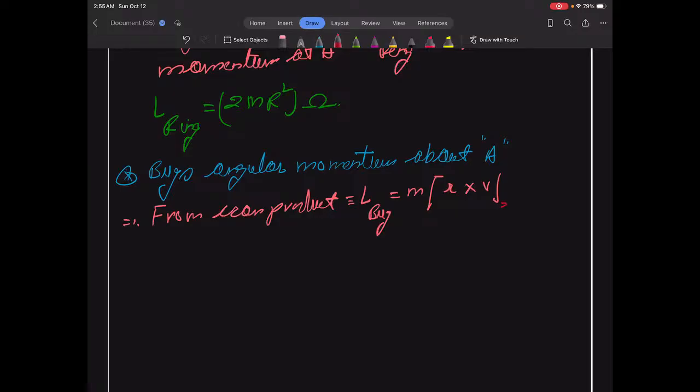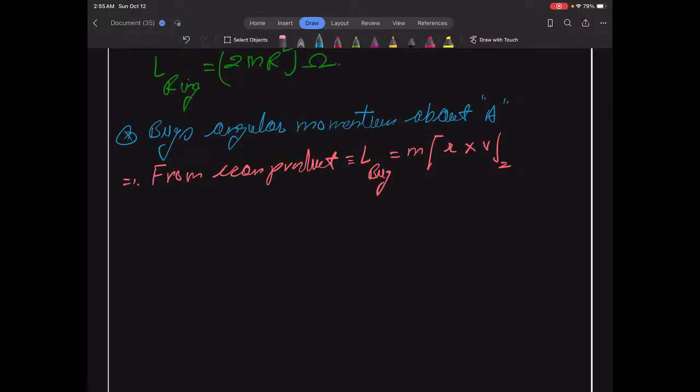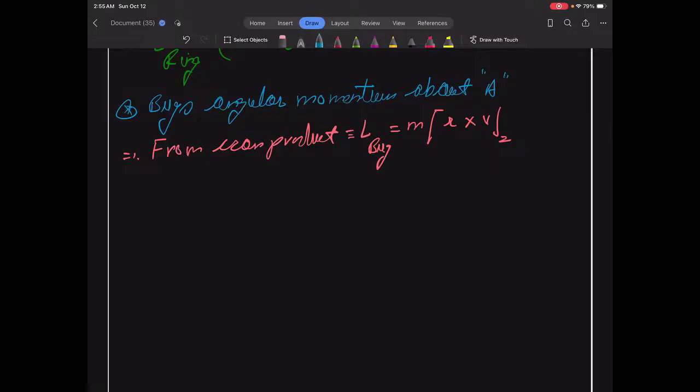Obviously the direction will be in Z, because we had taken the ring setup in the XY plane. And we can further write that our L bug will be equal to M times x v_y minus y v_x.